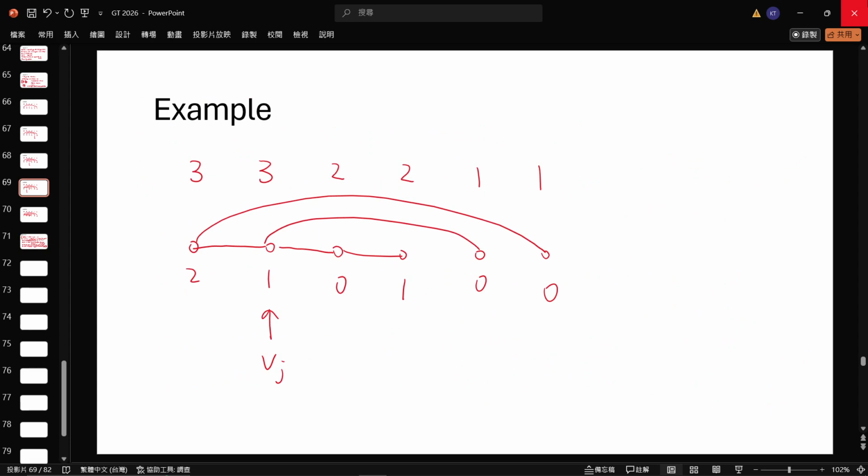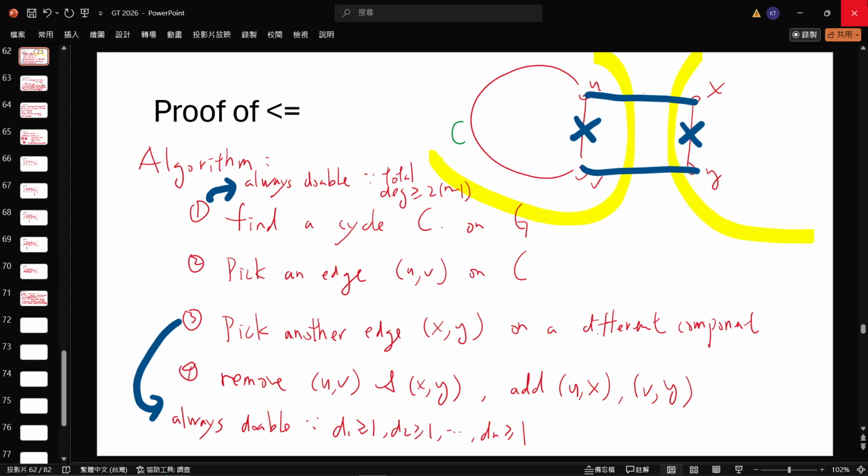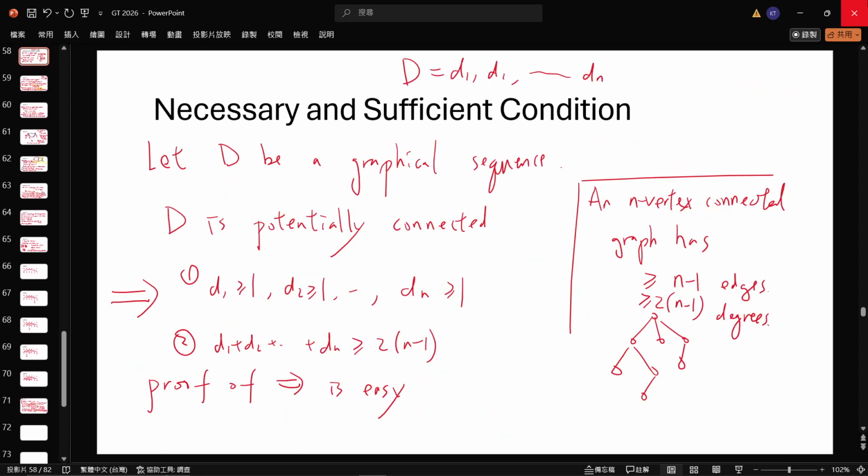We want to convince ourselves that whenever the degree sequence is graphical and it satisfies the two conditions we have, we want to make sure that our algorithm always outputs a connected graph, okay?